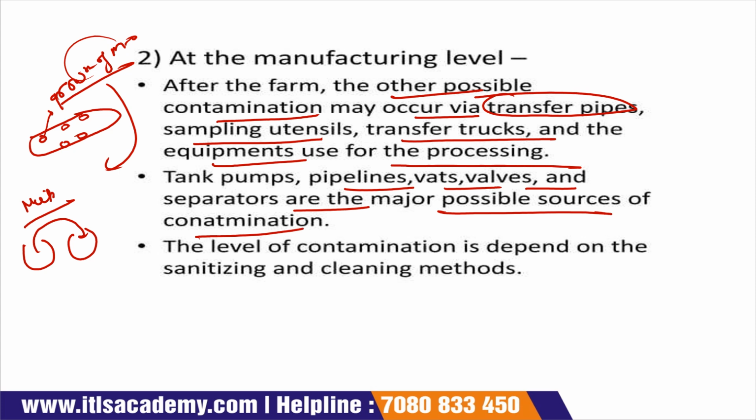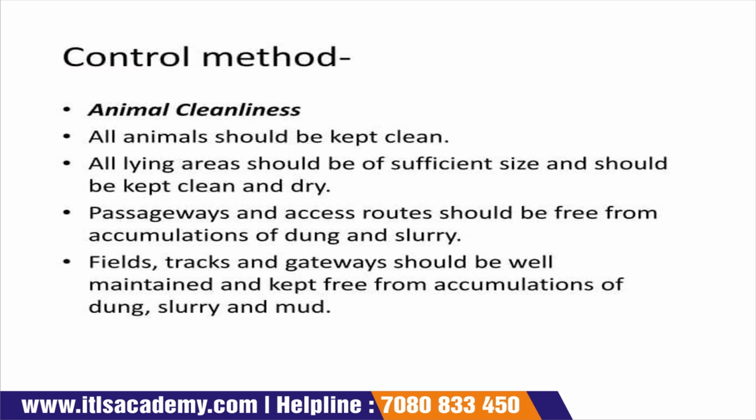The level of contamination totally depends upon the sanitizing and cleaning methods. If you clean this utensil properly, then it will not contaminate your milk product. If you sanitize it, it will not; otherwise it will contaminate it. So it totally depends upon how you sanitize or clean the manufacturing unit.